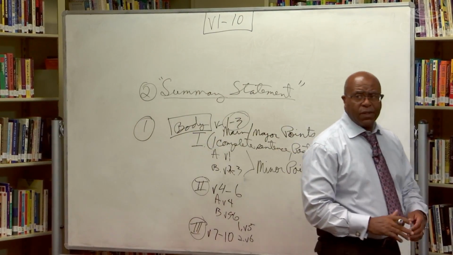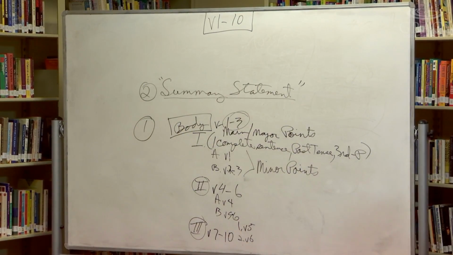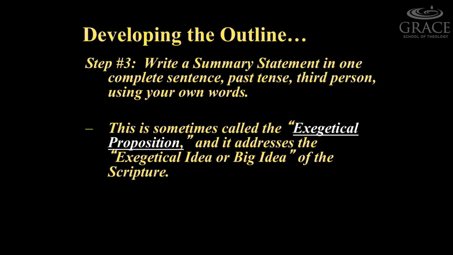So that's how you move up. First you did the body. Now you do your summary statement. All right? So you're moving up the ladder, so to speak. You're starting from the ground and building up.